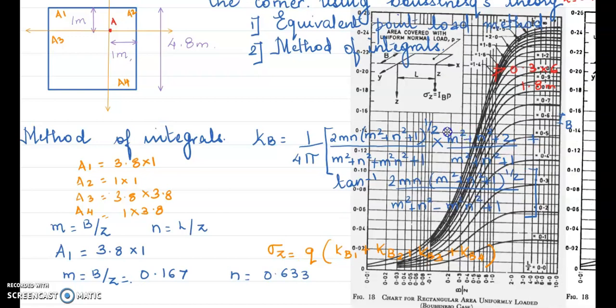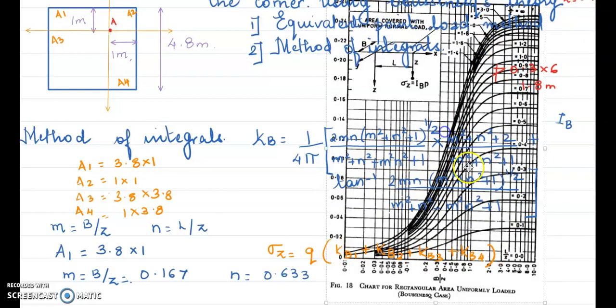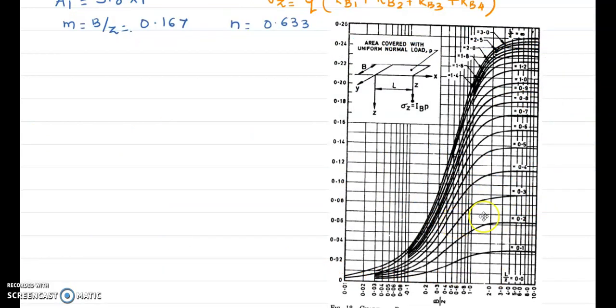Now let's go back to the chart. It's looking ugly. So now you can see I will have to go to my x-axis, which gives me M is equal to 0.167. Now this is a logarithmic scale.